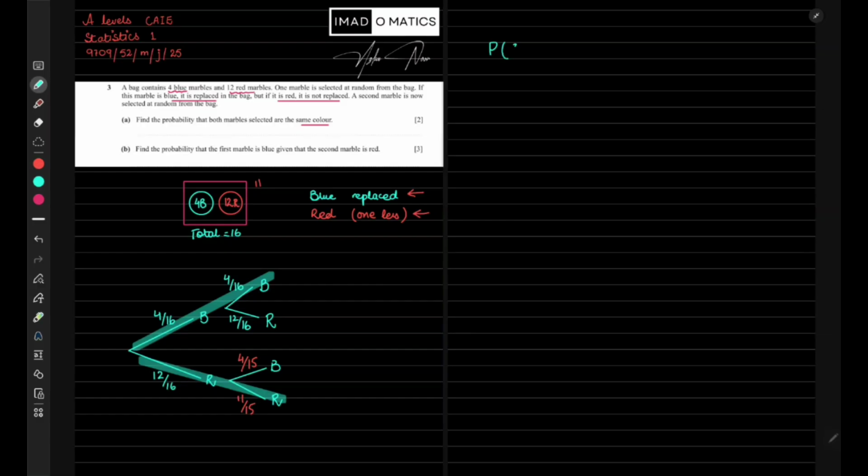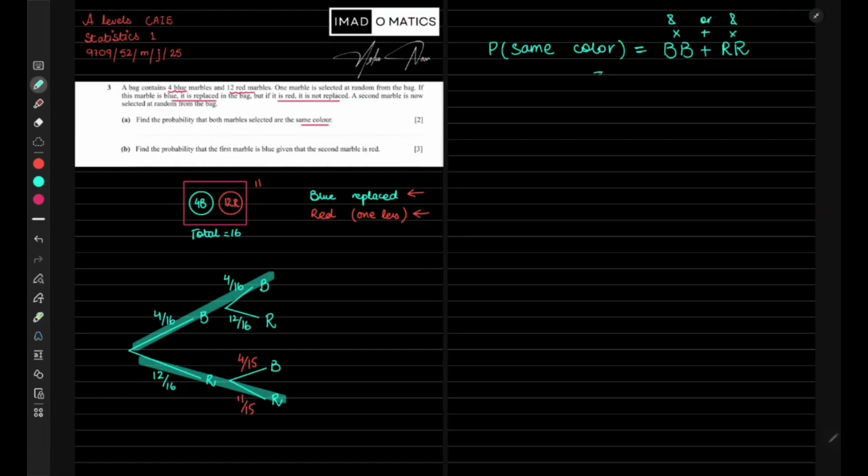Probability of getting the same color equals blue and blue, or red and red. Wherever we use and, there is multiplication, and wherever we use or, that is addition.